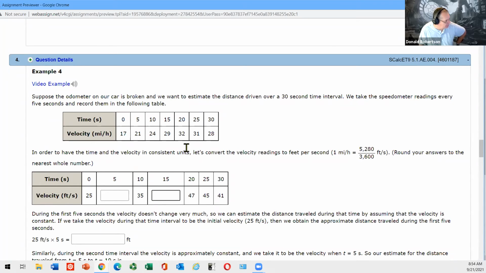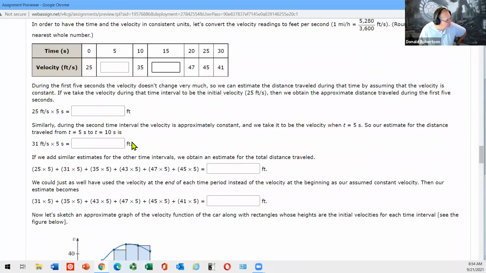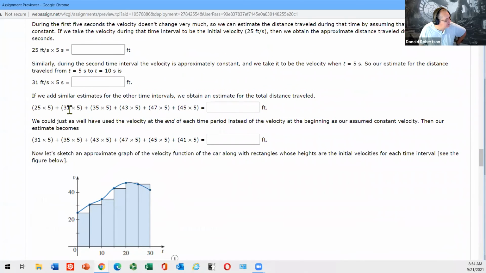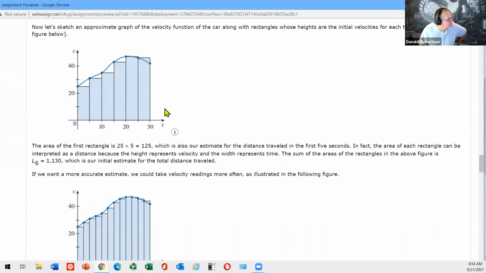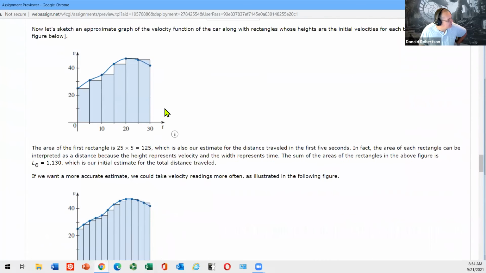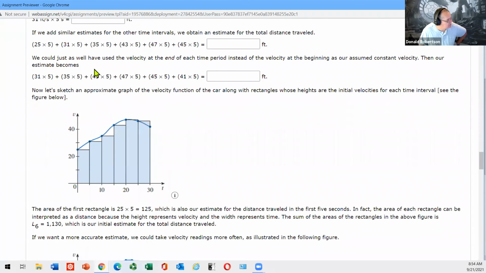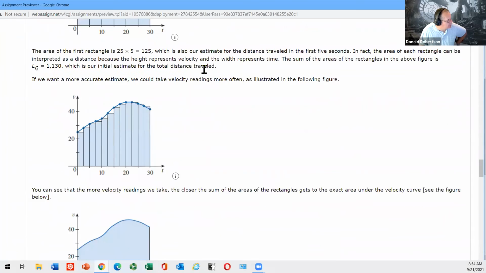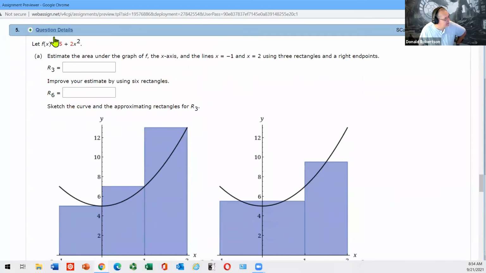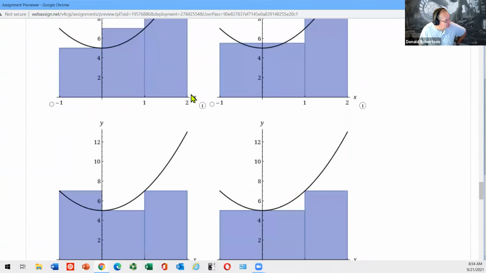And it's this table that you're going to use. And they kind of talk you through the whole process. Can you recognize that as basically delta x times the height, delta x times the height kind of thing? So that's basically the calculation, right? This one is pretty similar to what I did at the start.